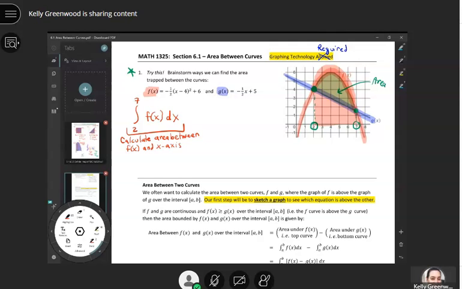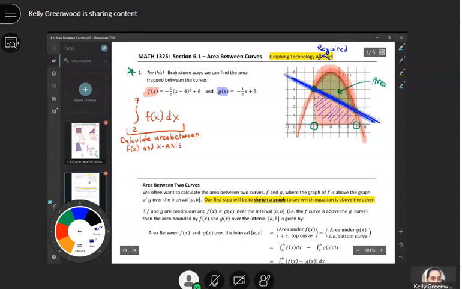But do I want all of that red shaded area? No, I don't. I don't want this part right here. I don't want any of that. Okay, well, what is that area? That's the area under the line, under the g of x function, and the g of x function and the x-axis.